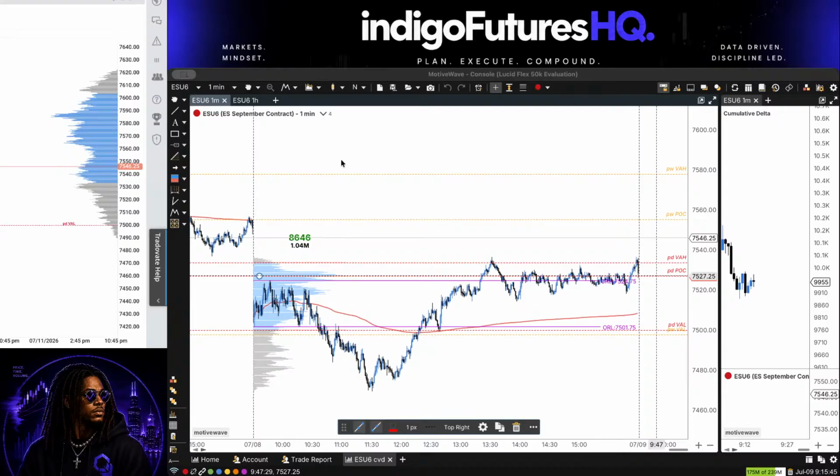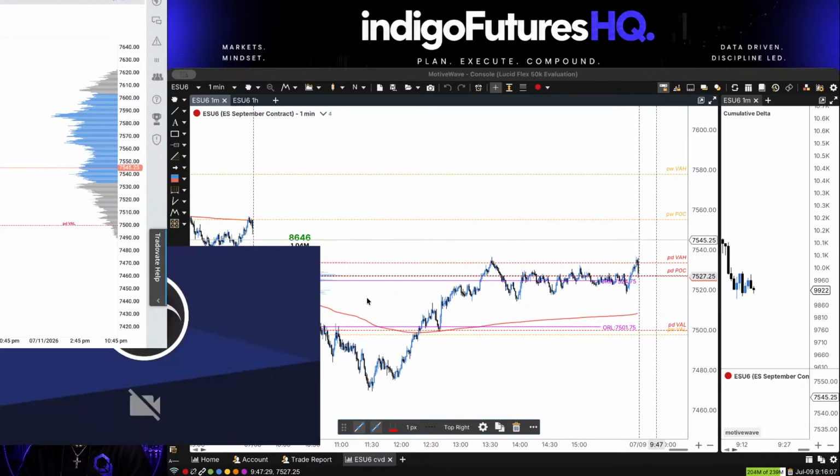So I'm going to be using Tradovate today because at some point I feel like we might not have access to Motivewave, and so we should start getting somewhat accustomed to Tradovate.